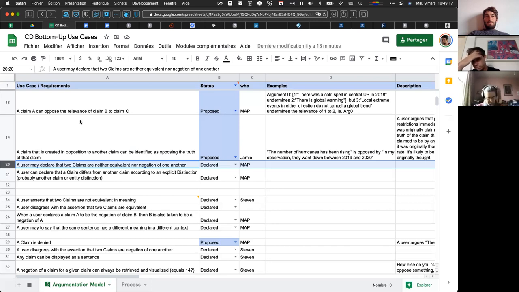We cannot go very far without metaclaims. Any irrelevance argument is a metaclaim at a certain level, right? And the question is claim distinction or entity distinctions. For me, they exist, they're relevant, they're useful.